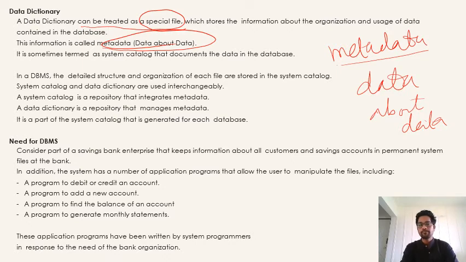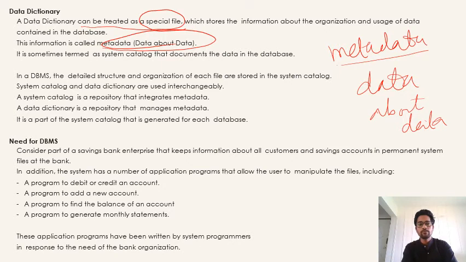In the last lecture we learned the basic concepts: what is data, information, how data is processed, the database system, and the file system. Then we moved on to how a database can be represented.